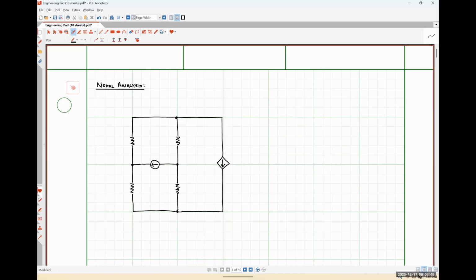Okay. So let me go ahead and label some of these things really quickly. So let's say that this is a 5 ohm resistor. Over here might be a 10 ohm. Let's say that this is a 20 ohm. This is a 25 ohm. Let's make this a 2 amp current source.